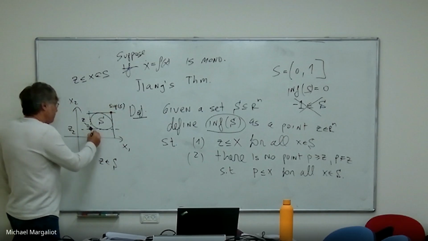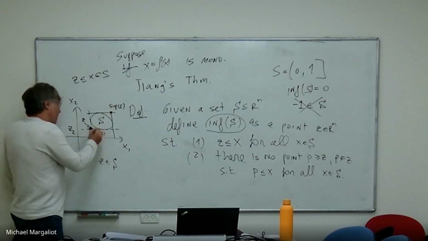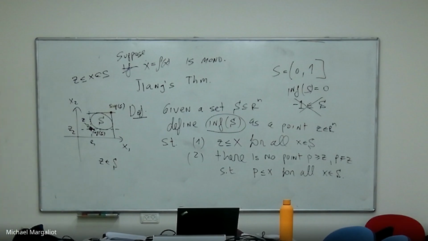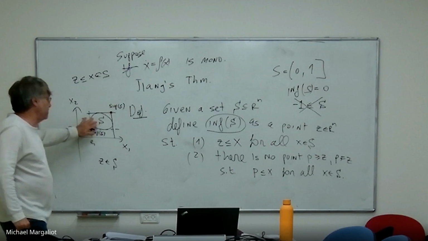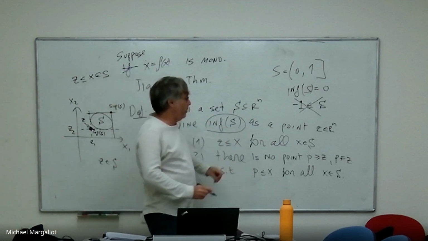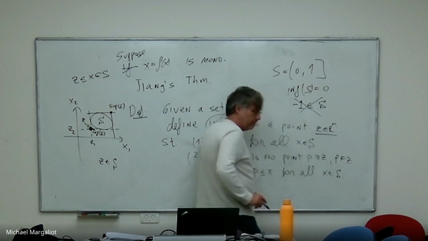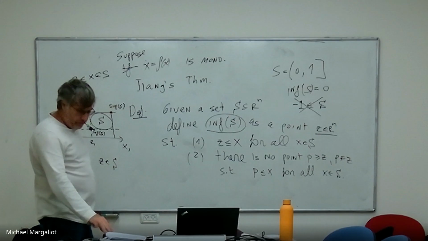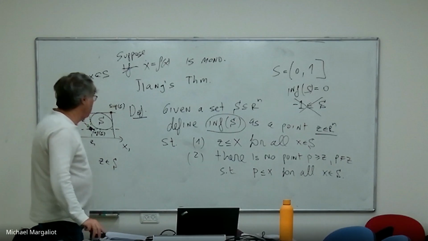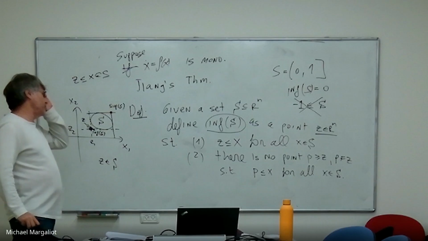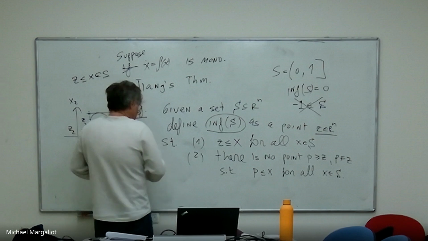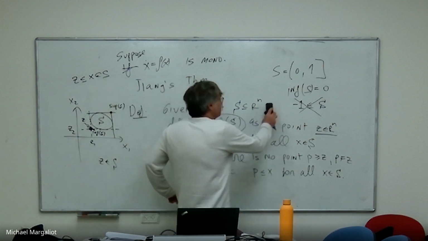This is the infimum here. This is the supremum. And note that in general, the infimum and the supremum are not in S, okay? So that's why I wrote a point in R^n. In general, depending on the structure of S, the infimum of S and supremum of S are not necessarily in S. But for example, let's take a simple example.